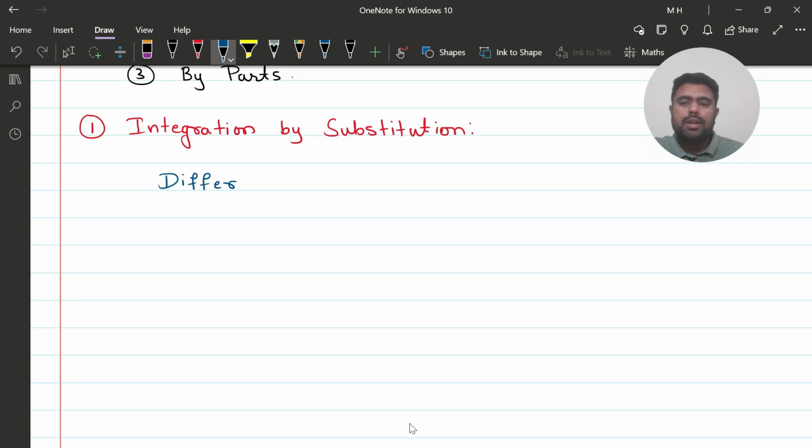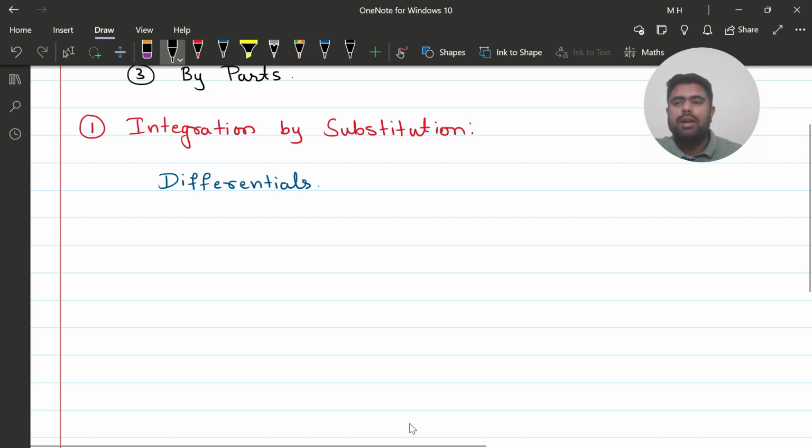You have learned how to evaluate the derivatives in the previous chapters, that is in continuity and differentiability, but evaluating the differential is a similar task but a little bit different.